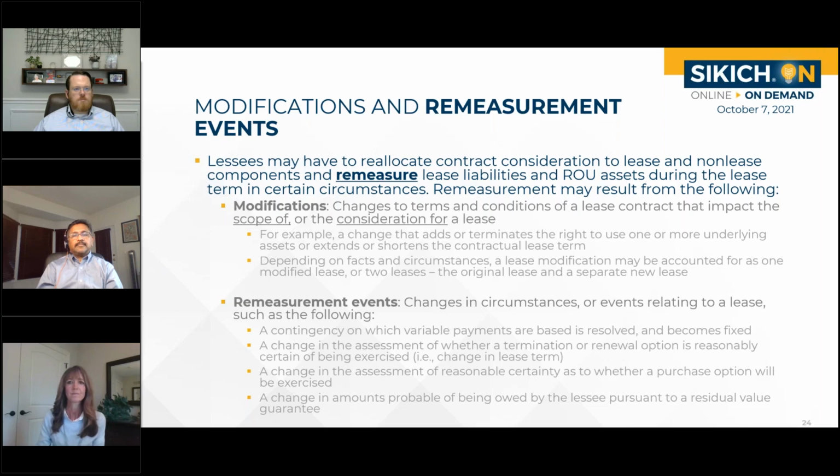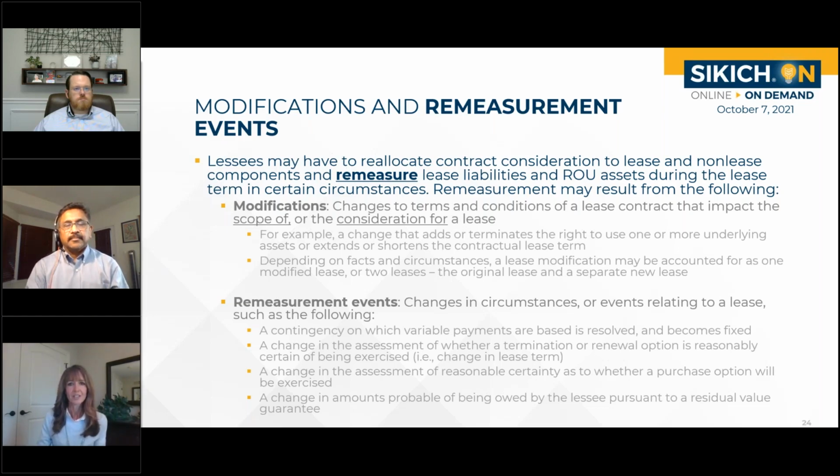For example, a change as to whether it's reasonably certain that a renewal option will be exercised. And if changes impact certain aspects of your lease, they are called remeasurement events. Both modifications and remeasurement events will trigger the need to remeasure, which means recalculate your lease liability. And there will be a corresponding adjustment to the ROU asset as well.